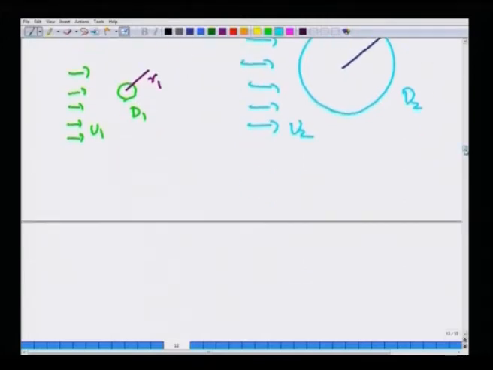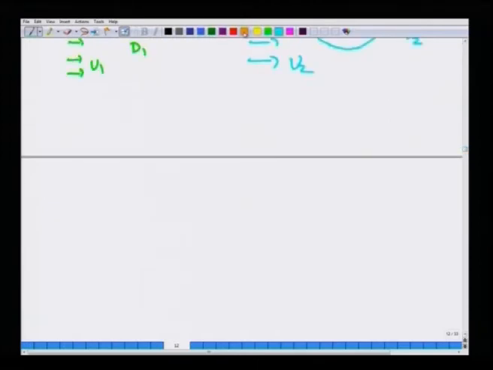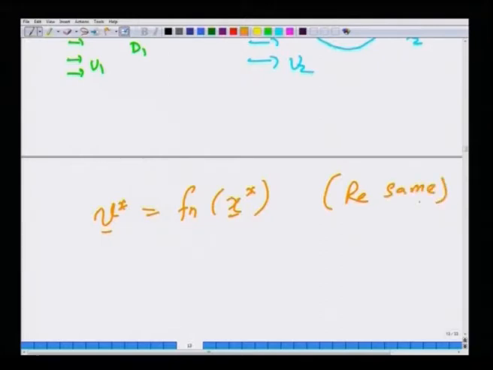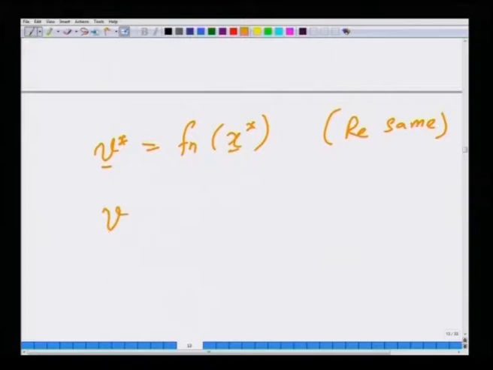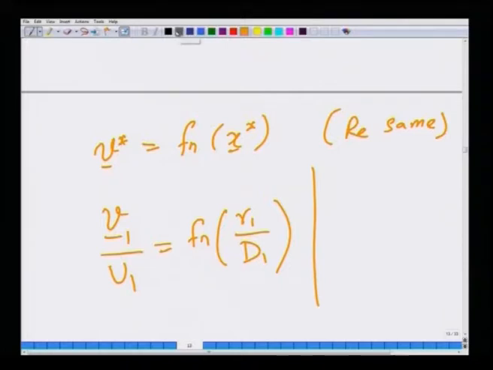Then what we are saying is that v star is a function only of x star and Re, if you keep the Reynolds number the same in both the cases. That means V 1 divided by u 1 is a function only of r 1 divided by d 1, and similarly V 2 divided by u 2, the velocity vector in situation 2, is a function only of r 2 by d 2, because the Reynolds number for these we have managed to keep the same.